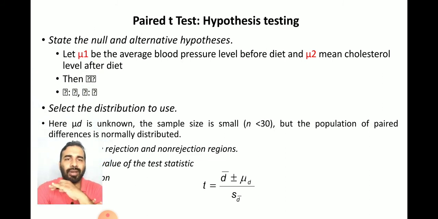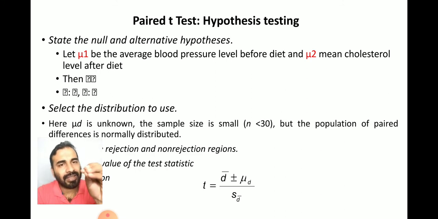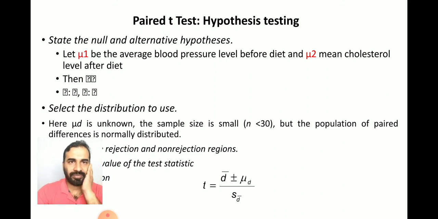The next one, we have to go for hypothesis testing. What we discussed now is how to do estimation when we have a dependent sample. Now we are moving to how to do hypothesis testing when we have dependent samples, just like the ordinary hypothesis testing.